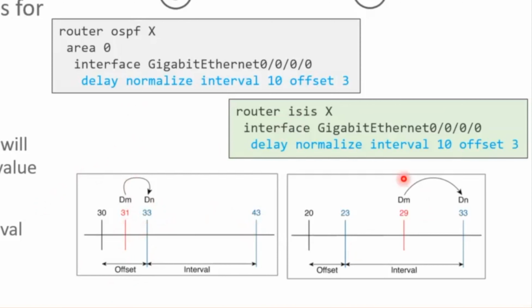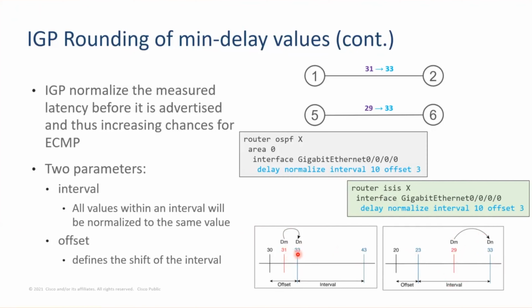In the case of the sample with delay measure 29, it will be normalized to the end of the interval that ends on 33. So with this configuration, both samples at 31 and 29 will be normalized to a delay value of 33. This delay normalization is new for OSPF in IOS XR 7.3.1. For those of you who are using ISIS, this functionality was available before this release and is already shipping.